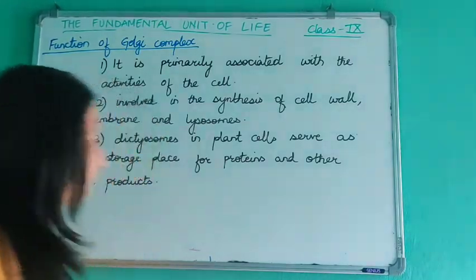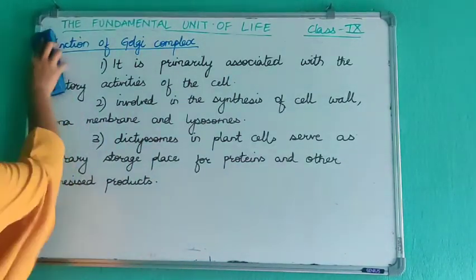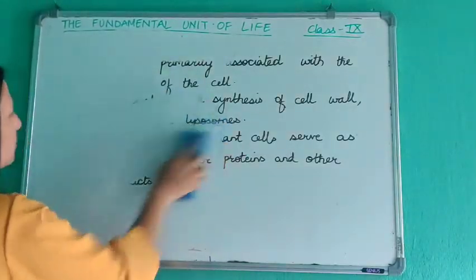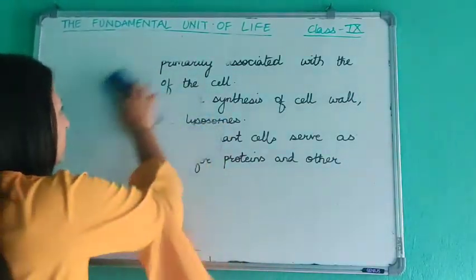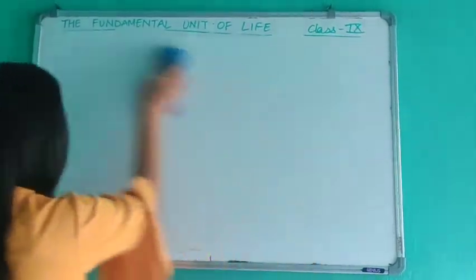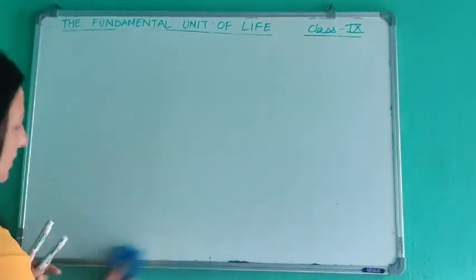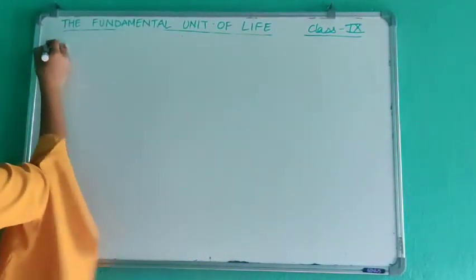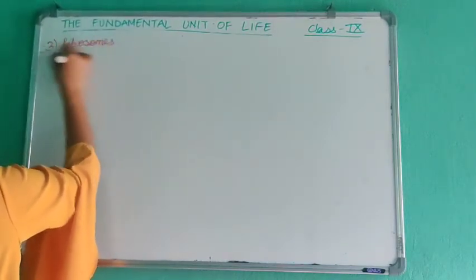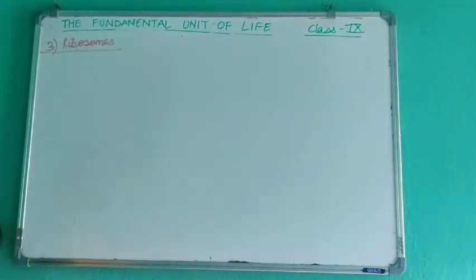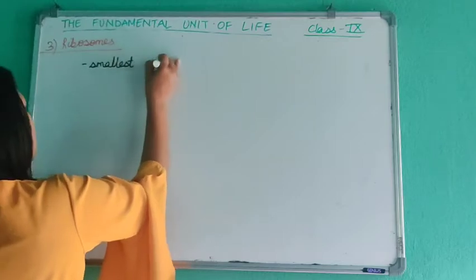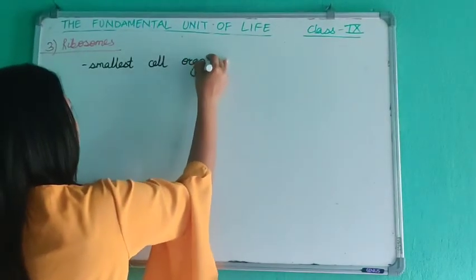Now let us study about another cell organelle that is present inside the cell, and that is known as ribosomes. Okay, ribosomes को विषयमा पढौं. Now, ribosomes are the smallest cell organelle.